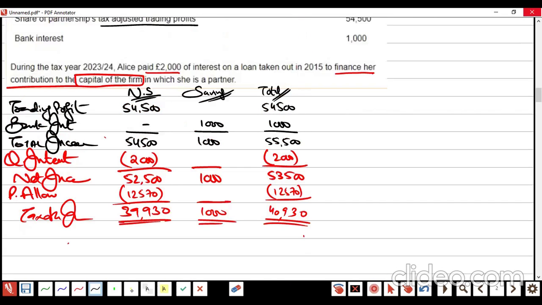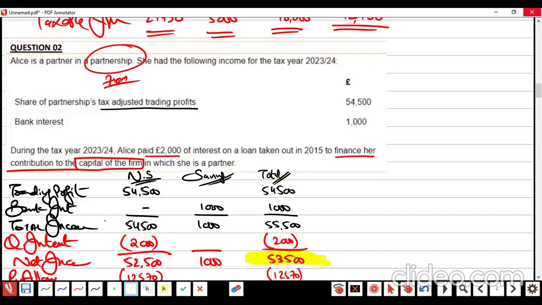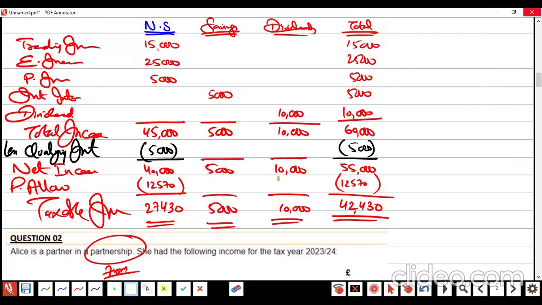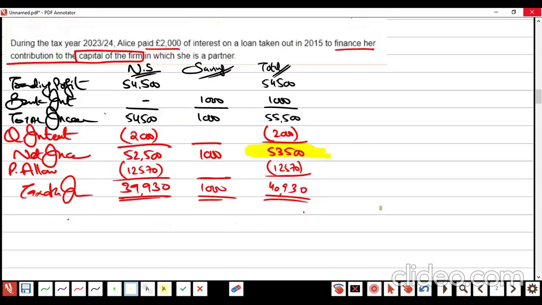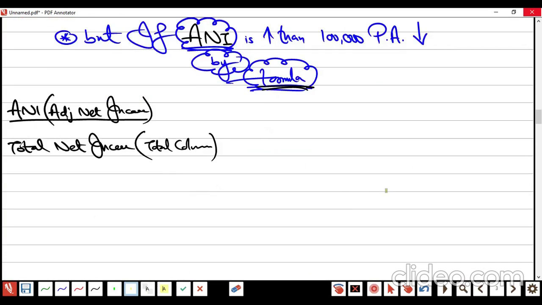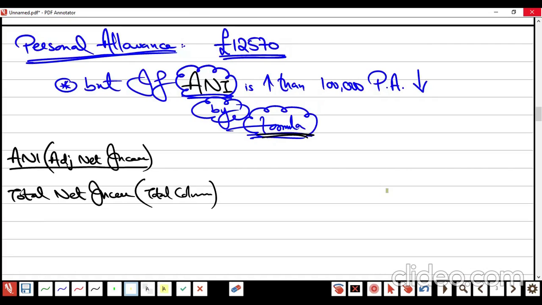What is total net income? This is the total net income, 55,000. The column of total, we will find the total net income and we will take it.